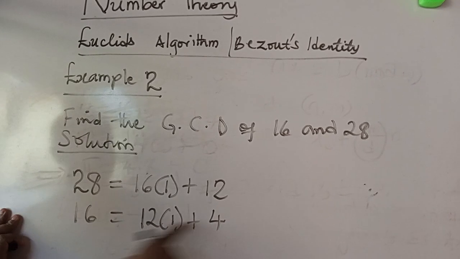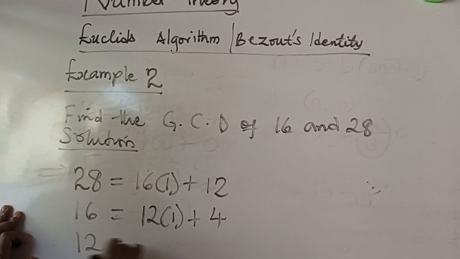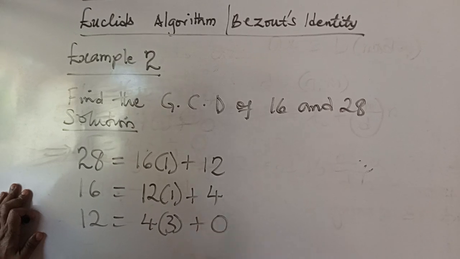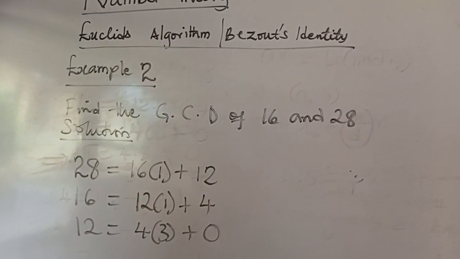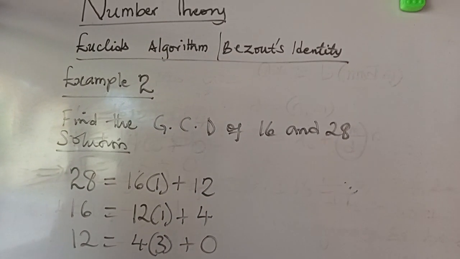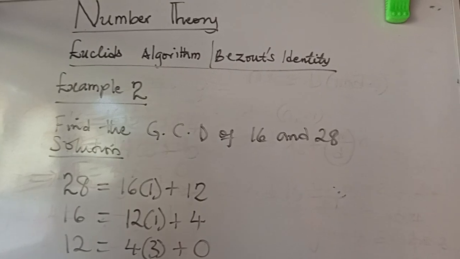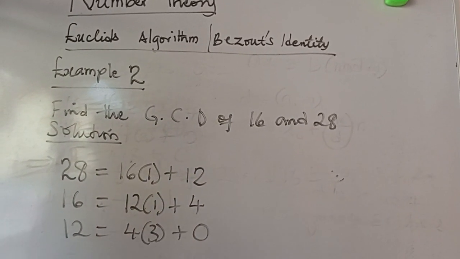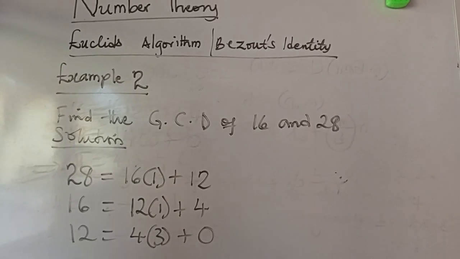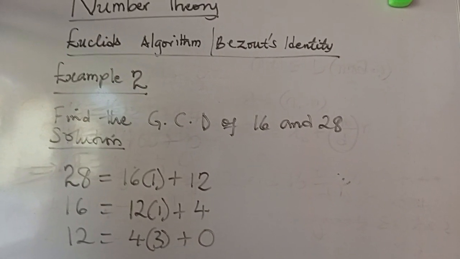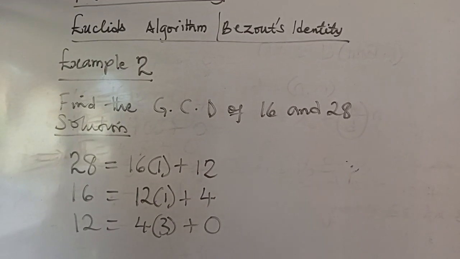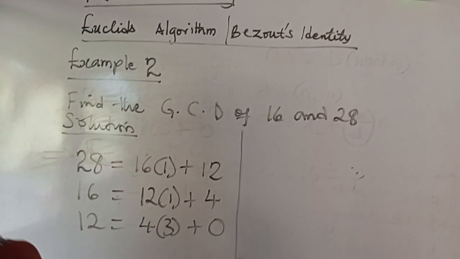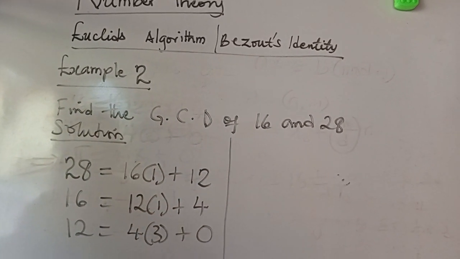We can also divide 12 by 4, that will give us 3, remainder 0. So in this case, we can say that the GCD or HCF of 28 and 16 is 4. Now, how do we use this to solve a problem that involves Bezout's identity? Now, let's go to that part.